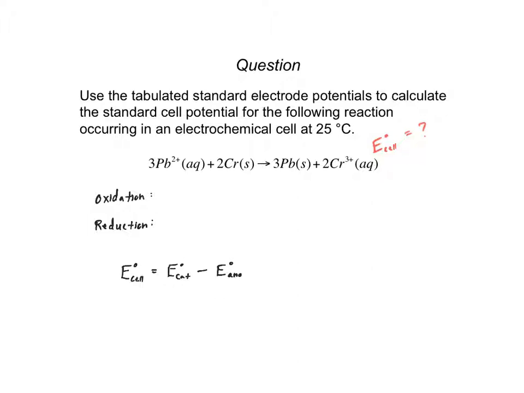Okay, so let's go ahead and talk about this one so that we have enough time to get through everything. So we've got lead reacting with chromium metal, making lead metal and chromium 3+.